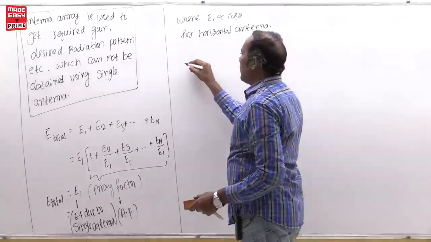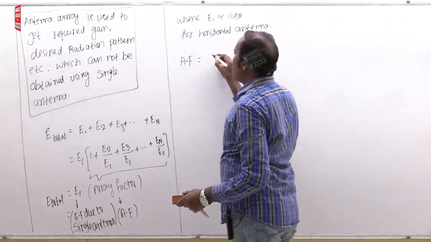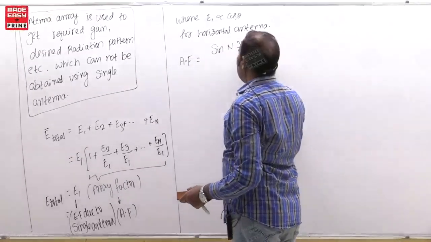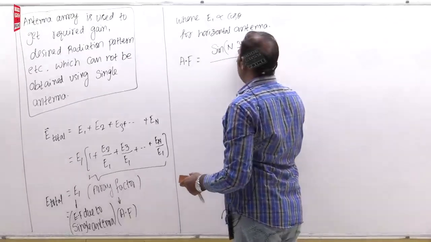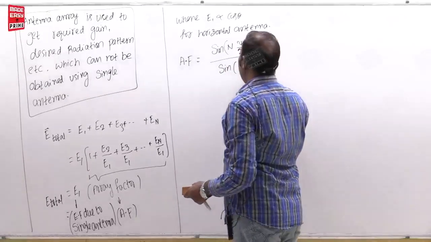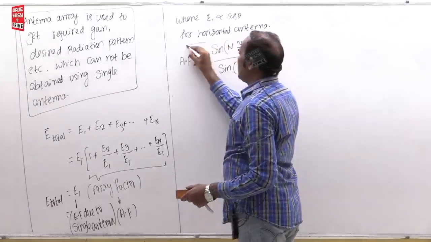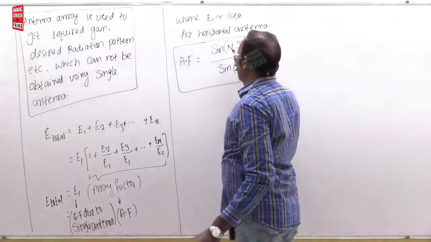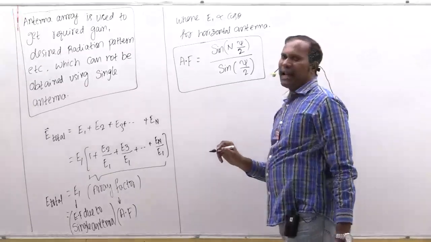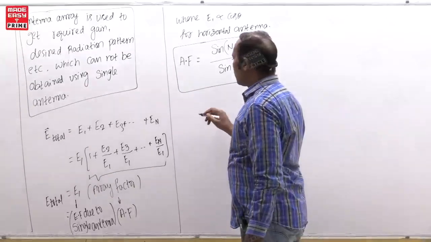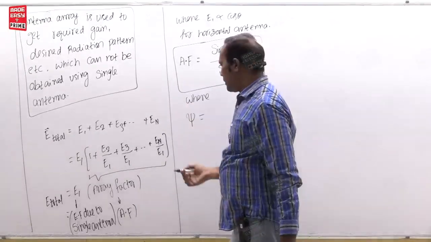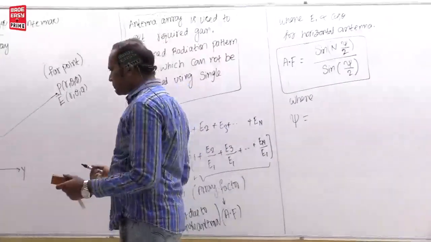Now array factor is equal to sin(n psi by 2) divided by sin(psi by 2), dear students, array factor. So this you have to remember, and here already it has an n. Now I am going to tell you what is psi. Psi is actually the angle factor. We will see how to write that, situation to situation. You see that psi you have to write where psi is. Listen.